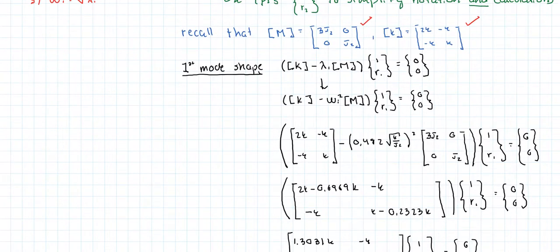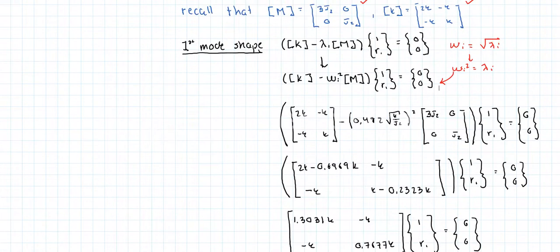Alright, so we go through the first one. Now I decided to transform this equation and replace the eigenvalue by the square of the natural frequency, and that again is because the ith natural frequency is equal to the ith eigenvalue, which means that it's equal to this, and so we end up with this one over here.